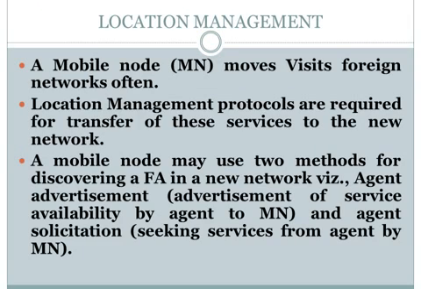Okay. For discovering the agents. Okay. So after location management, then your handover management takes place. We can say, okay, once location management is done, then handover management takes place. So in fact, any mobile node can use two methods for discovering a foreign agent in a new network.